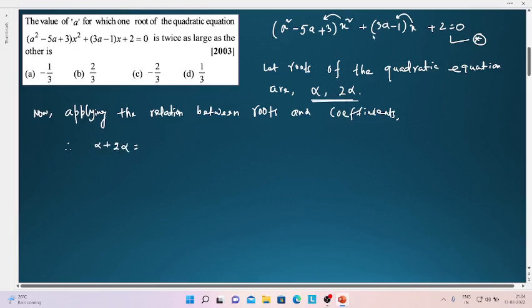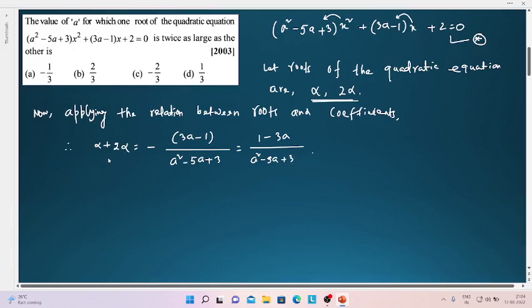Here instead of b we have 3a minus 1, and instead of a we have a square minus 5a plus 3. So we can write minus times 3a minus 1 upon a square minus 5a plus 3, so it will be 1 minus 3a upon a square minus 5a plus 3.